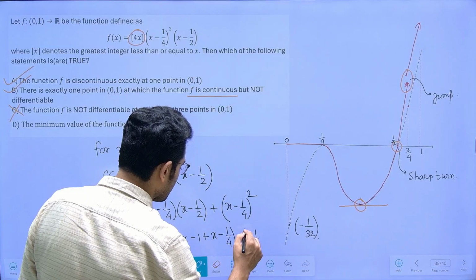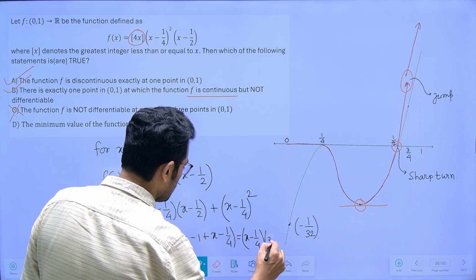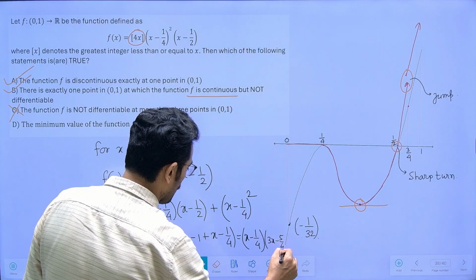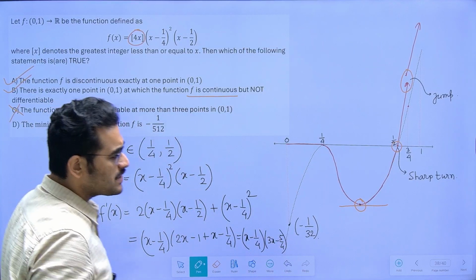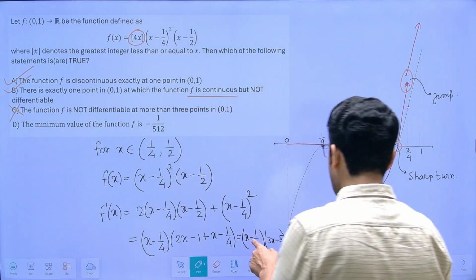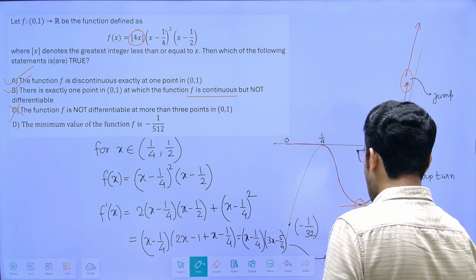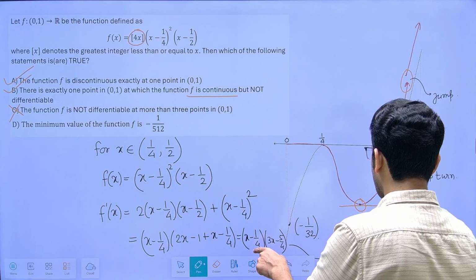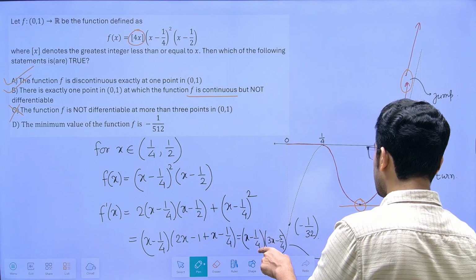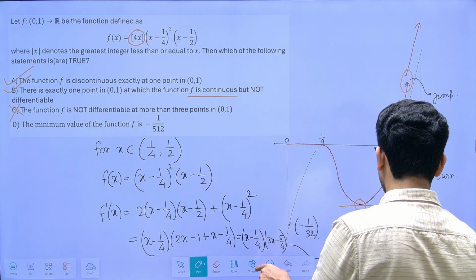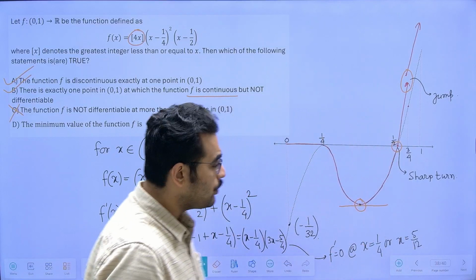We are getting (x minus 1 by 4) into (3x minus 5 by 4). Where is the derivative becoming 0? f dash equal to 0 at x equal to 1 by 4 or x equal to 5 by 12.